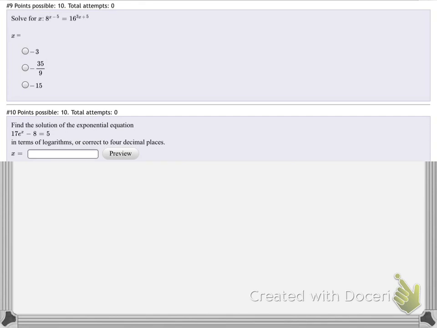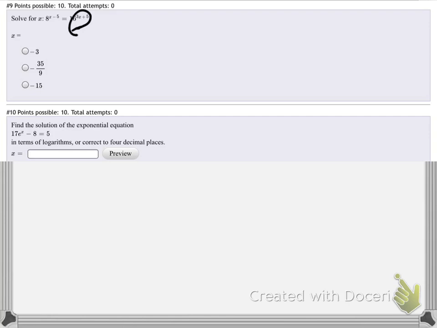Let's see here. Okay, this is a little bit different. When I look at this on number 9, we have an 8 to some power and a 16 to another power. And we got to figure out a way to make those both work as being, like bases, as we call them. We want the base numbers to match, and they don't quite. And it's tempting to think like, well, 8 goes into 16, so maybe I could turn the 8 into a 16 or the 16 into an 8 times 2 or something.